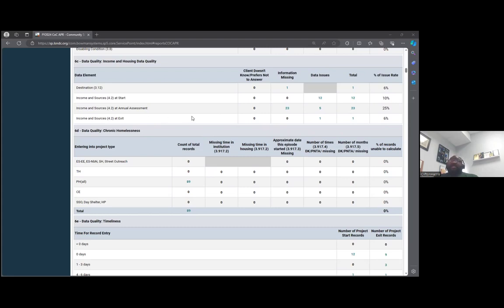The income and sources at annual assessment, depending on when you run the report, you'll probably have somebody here. And what that does is, and this is a good way to tell who needs to have an update done, right? Because the clients in PSH, even if none of the information changes, have to have an annual assessment during or before their anniversary date.